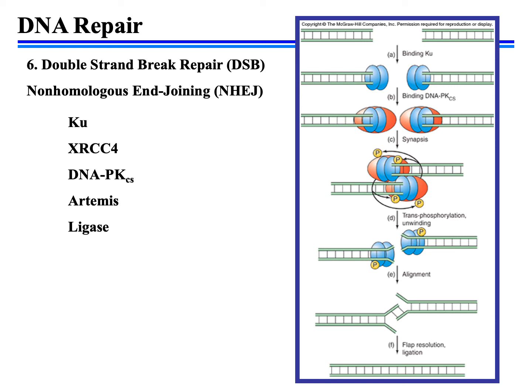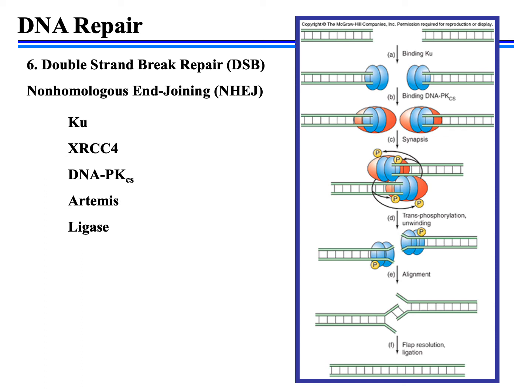This is evolutionarily conserved, meaning that it is found in both prokaryotes and in eukaryotes. In this mechanism, broken ends are directly ligated without the need for a homologous template. So in this type of situation, the ends of the chromosomes are basically being pasted back together after the damage has broken them into two.